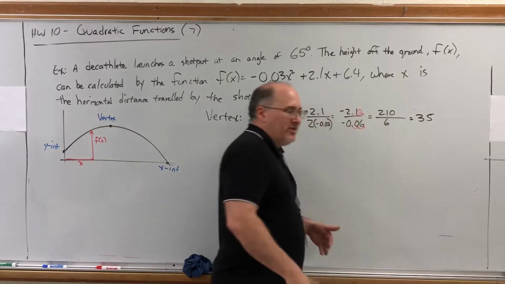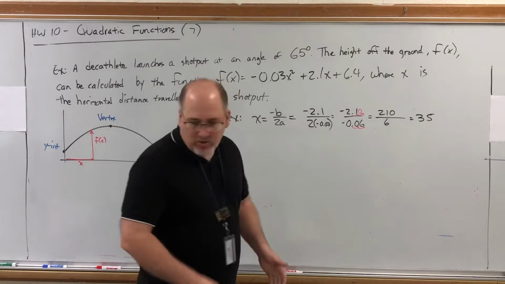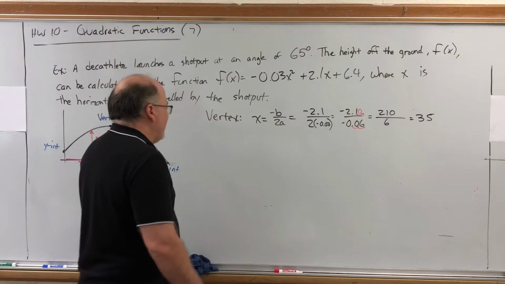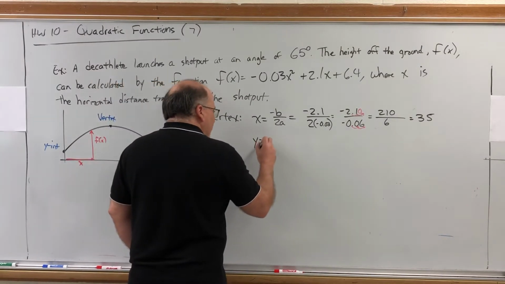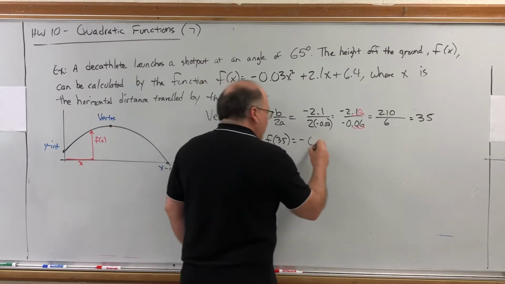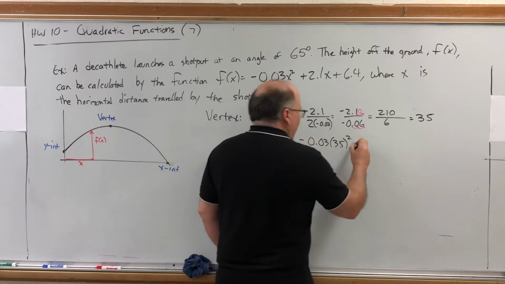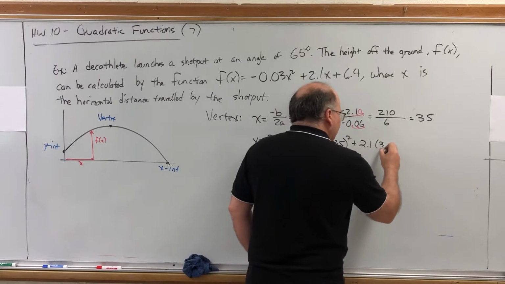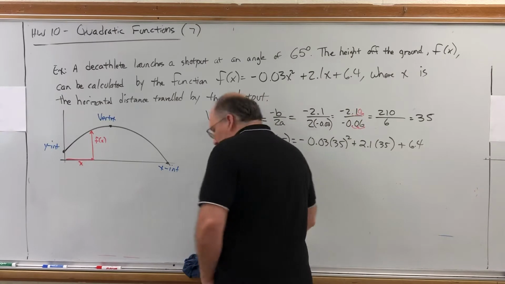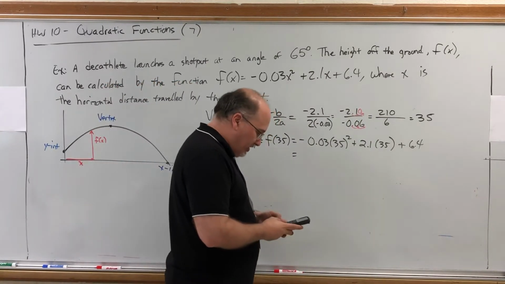Don't try to be fancy and impress me in the homework or test. Get out the calculator. I'm just doing it so I don't have to reach over and grab my calculator. So the x-coordinate is 35. To find the y-coordinate, we just have to substitute 35 into the function. Negative 0.03 times 35 squared plus 2.1 times 35 plus 6.4. And although with enough time I could crank that out without a calculator, it would waste too much time.